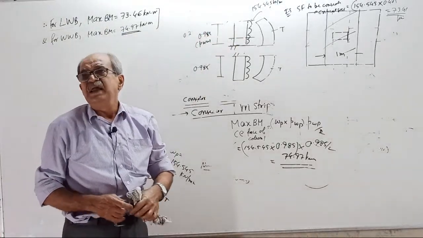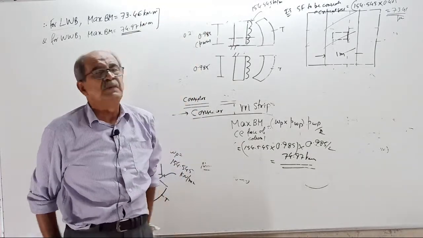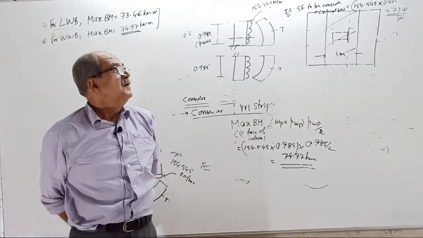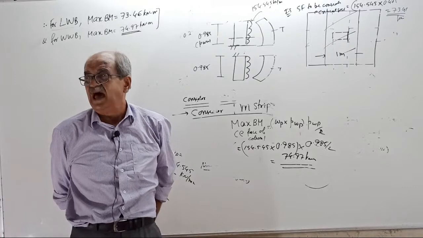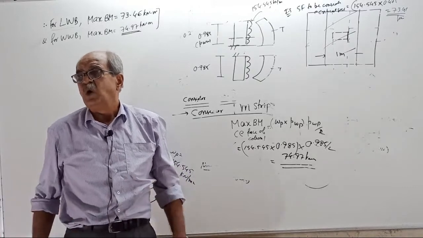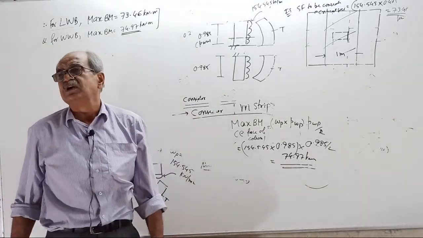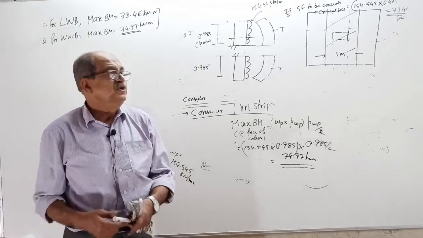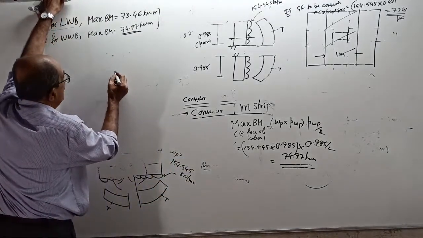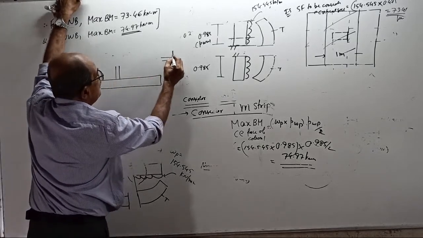Now, by chance, you listen to a certain person. I don't want to name the book person. He told you to provide projections in proportion to the column side. Then, do you know what BM will come? One will come 120, the other will come 30. That means highly uneconomical. One side footing will be this way, widthwise footing will be this way.